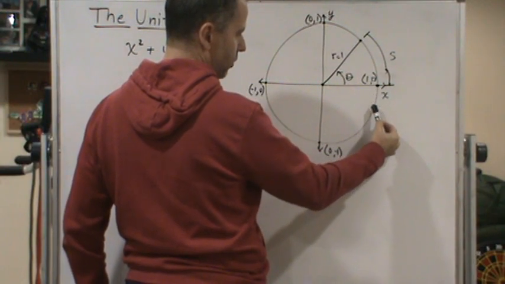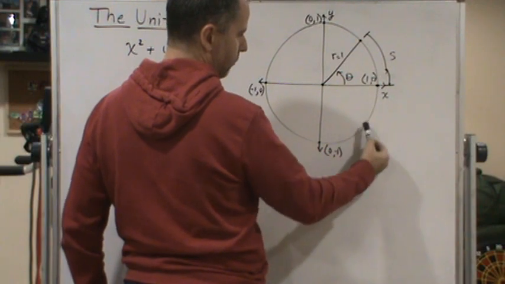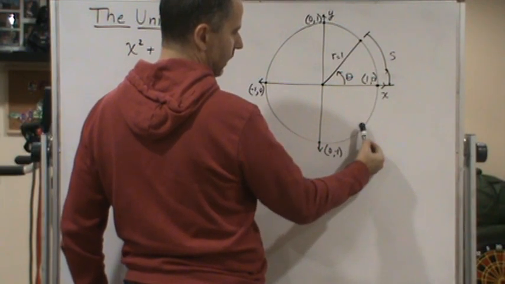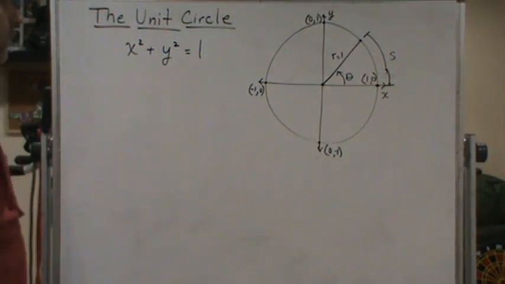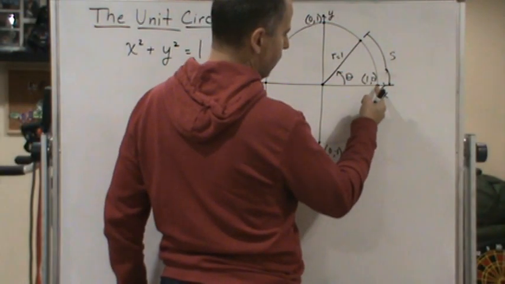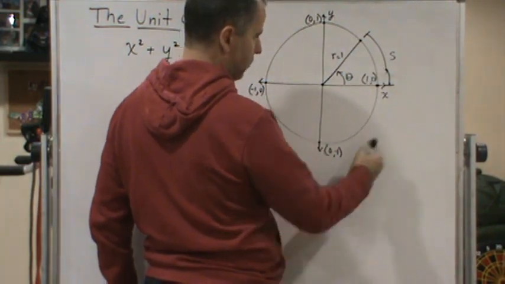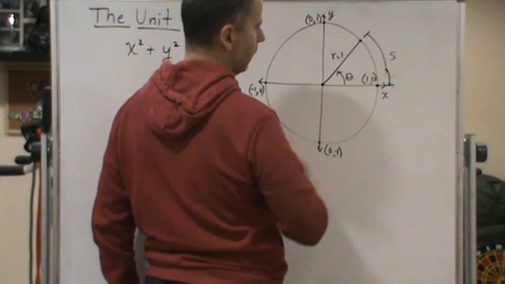And we're going to measure the arc length in negative terms as well. So in other words, this is going to go from 0 all the way to 2 pi, or from 0 all the way to negative 2 pi.